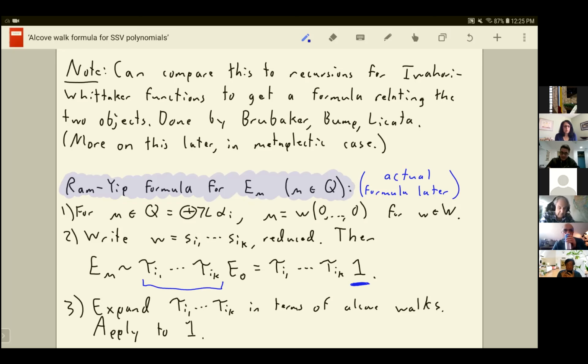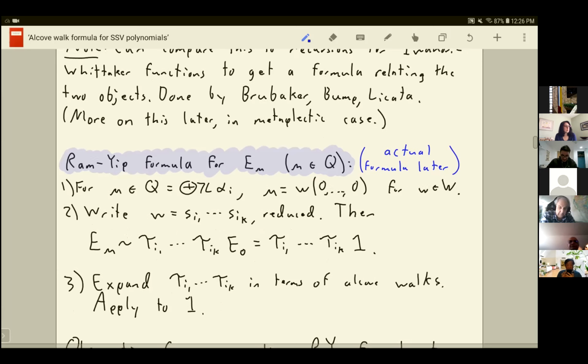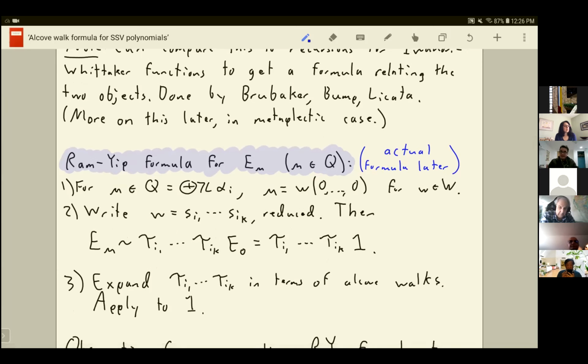But the interesting thing they do is take this product of intertwiners and expand it in a pretty nice combinatorial way in terms of objects called alcove walks. I'll give more information on alcove walks later. They expand this product of intertwiners, apply it to one, and see what happens. This gives them the alcove walk formula. That's what we're going to do in the SSV case, and then we'll observe that it can actually be pretty useful.